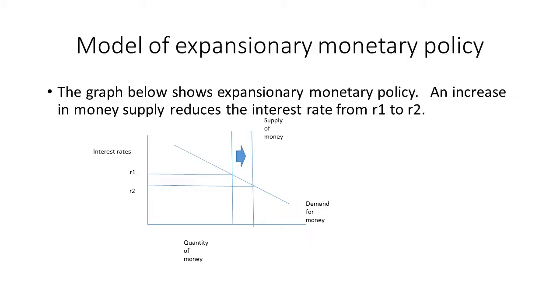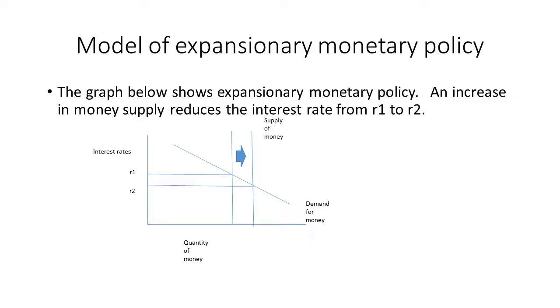So let's show you a model of expansionary monetary policy. This graph below shows how expansionary monetary policy works. An increase in money supply reduces the interest rate from R1 to R2. So we have the demand for money, we have the supply of money, and on the vertical axis we have interest rates and quantity of money on the horizontal axis.